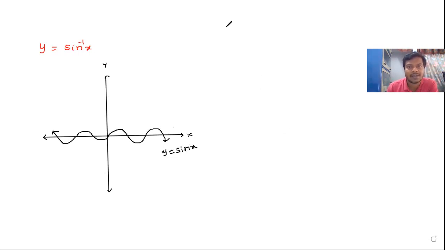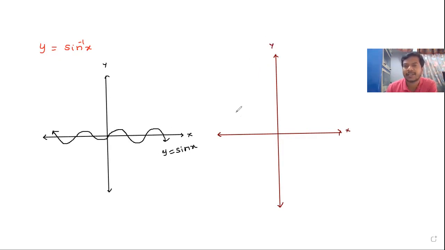Next, to draw the graph of sine inverse of x, let us select the Cartesian coordinate system. In general, what we think, since it is the inverse of the function, is that automatically the graph is symmetric about y equals x.